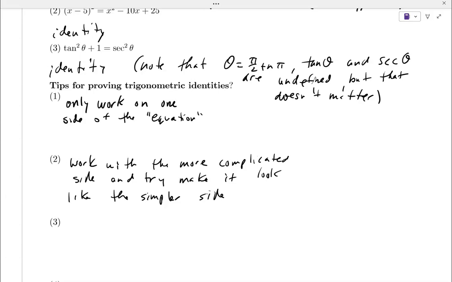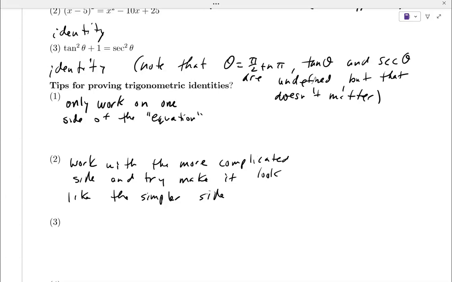So if you've got an operation where you can put things together, that's easier to work with than having something already together and trying to tear it into two pieces or multiple pieces. So usually, not every time, but usually you'll see one side with lots of stuff, the other side not a lot of stuff. And so you'll work with the side that has a lot of stuff and try to put it all together.